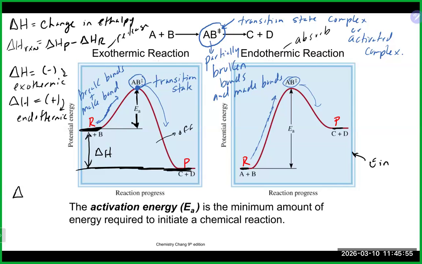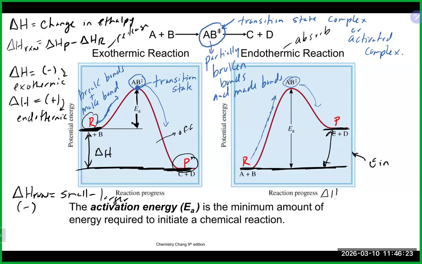And if you can see here on the left-hand side, the delta H of the reaction, my delta H of my products is a small number in terms of energy minus a larger number in terms of energy. So if you take a small number minus a larger number, you will end up with a negative value for delta H, which is why it becomes negative. And if you look at the delta H for this reaction, again, it is the difference between your reactants and your products.